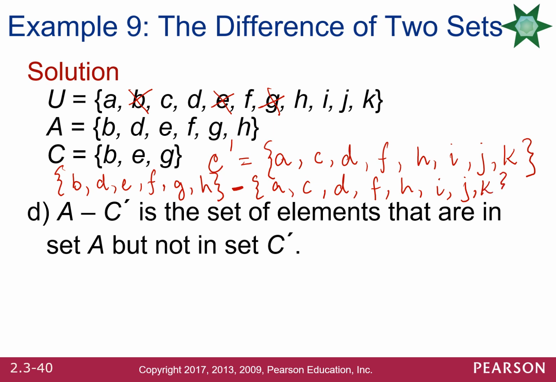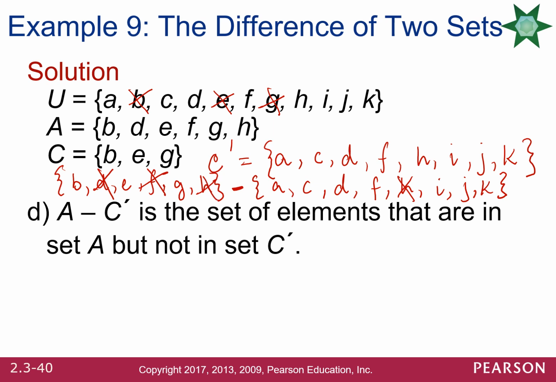So which are the elements we should be removing from A? All right, so here, B does not exist in C naught. We are good there. D exists in this set, so I'm going to remove D. Is there an E? No. Is there an F? Yes. Is there a G? No. There's an H. All right.